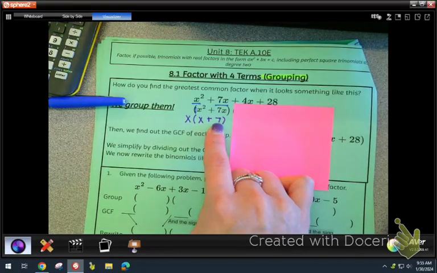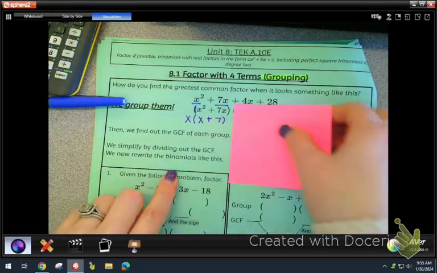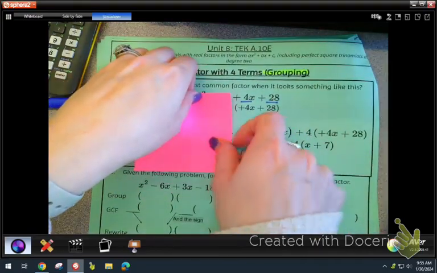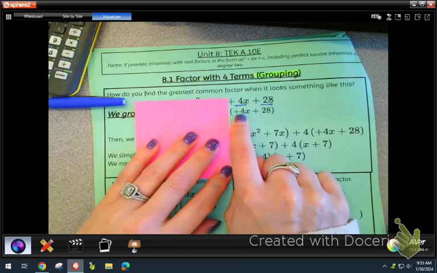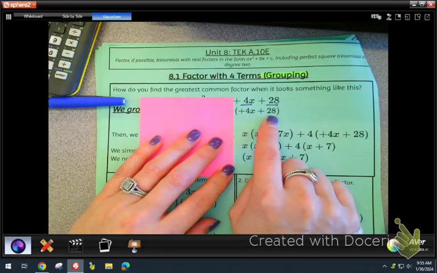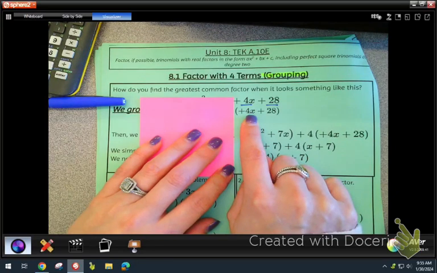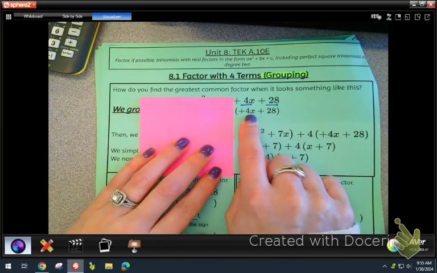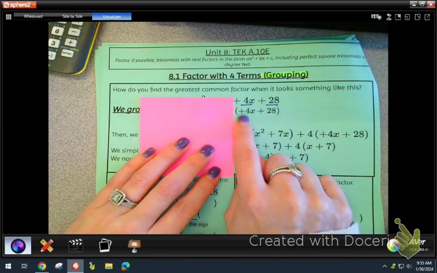Brayden, zone in. Okay? Now, I'm going to move my sticky note and look at my second group right here. Positive 4x and 28. I need to find the GCF of that. What's the smaller number? 4. Is 28 divisible by 4? Yes. And what kind of 4 is this?